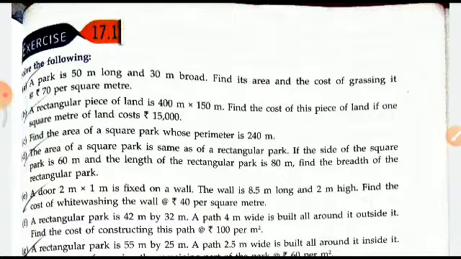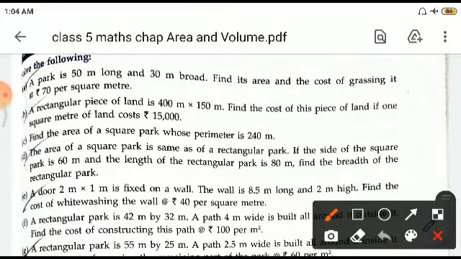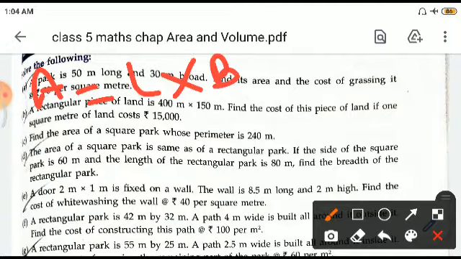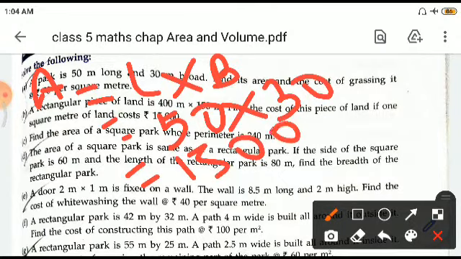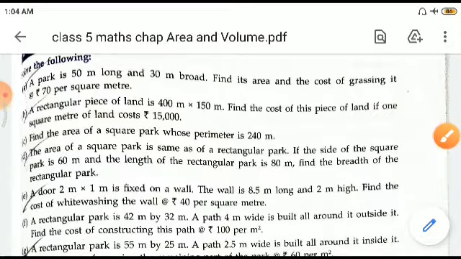A park is 50-meter long and 30-meter broad, that means it's a rectangle, so area will be equal to L into B. So we will just multiply the two, 50 into 30 to get 1500 meter square. And then see it's 70 per square meter, right?